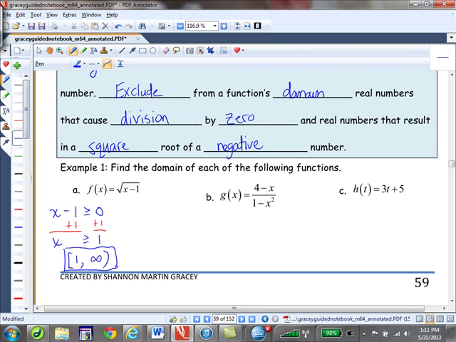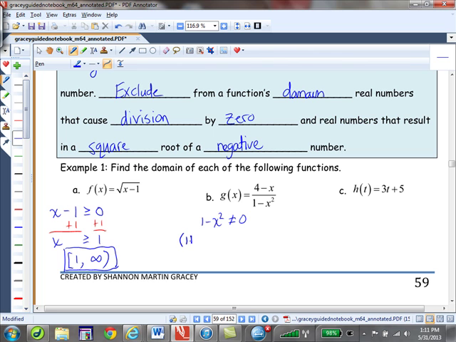All right, so for part B, what do we want to make sure of? Is it okay for that to be a negative? Yeah, it is. But we do not want the quantity in the denominator to be equal to 0. So 1 minus x squared, we just don't want that to be equal to 0.